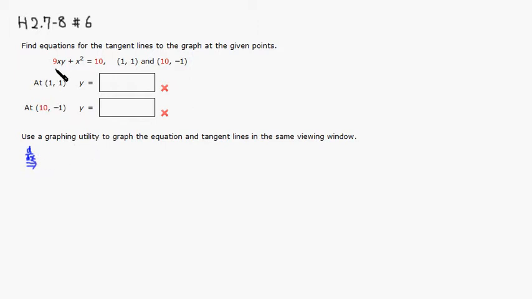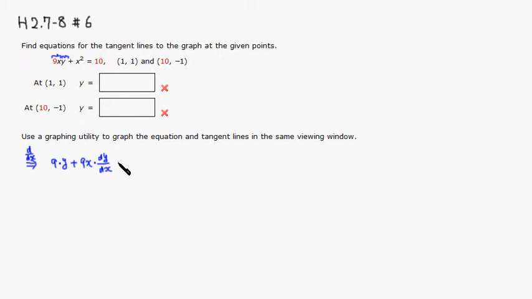You have two things multiplied together, 9x and y. The derivative of 9x is just 9, times the second, which is y. I'm using the product rule here, plus the first, 9x, times the derivative of y, which is dy over dx.